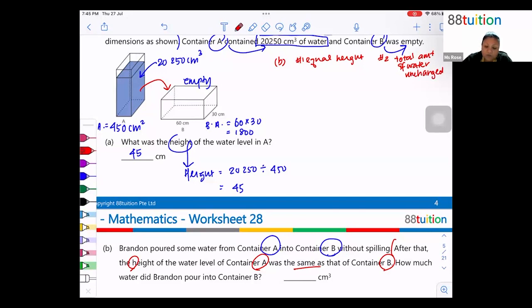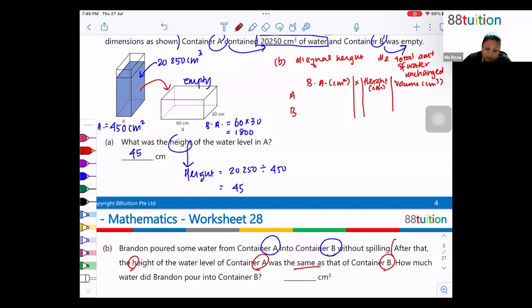Which means that for tank A and tank B, if I take their base area times height, which is in cm, I will get the volume, which is in cm cube.